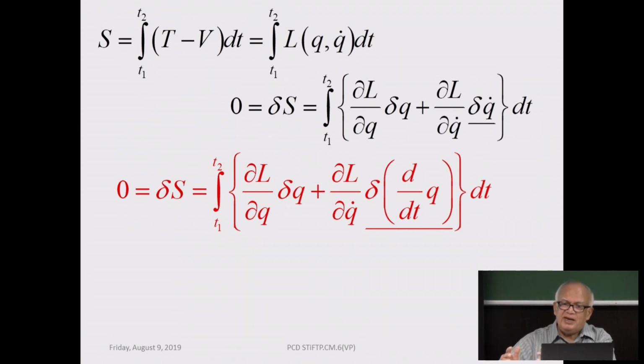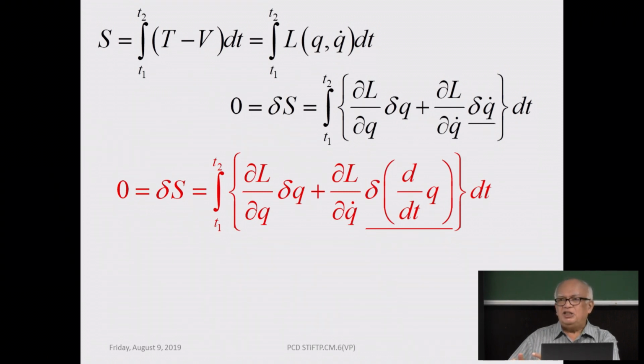So these two are completely independent, and therefore this delta q dot is the same as delta of dq by dt. Because these two are independent operations, the corresponding mathematical operators commute. And the reason they commute is because they are completely different operations.